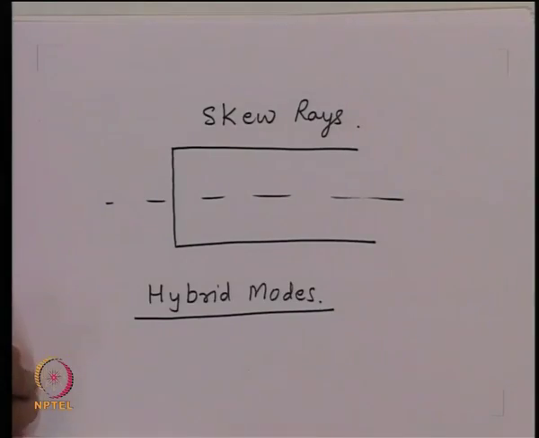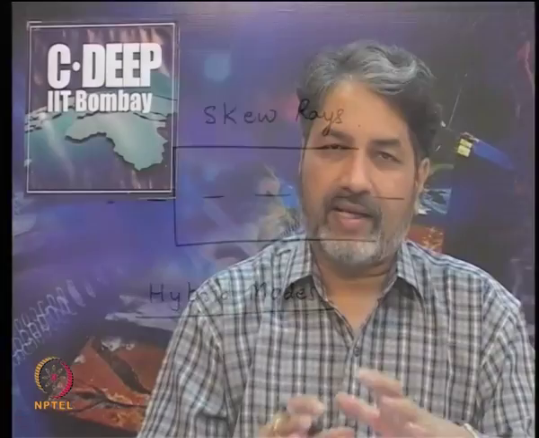So, now we find that just from the ray model and just putting the phase fronts behind these rays, we get a reasonably in-depth understanding of propagation of light inside the optical fiber, and that is we have discrete intensity patterns created because of interference of the phase fronts, and these intensity patterns could be transverse electric in nature, could be transverse magnetic in nature, or could be hybrid in nature.